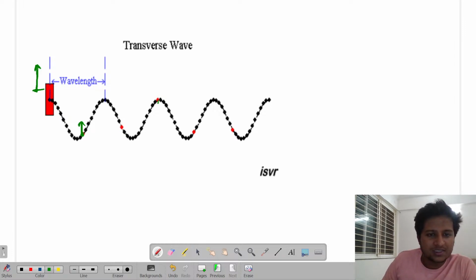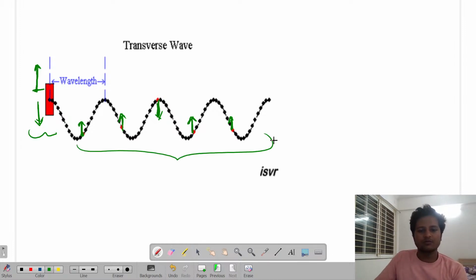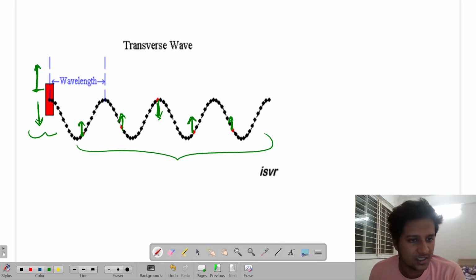The upward particles have which velocity? Downwards, isn't it? See that? Is that clear or not? And if the source is going downwards, the velocity should be in the upward direction. Are you able to get me or not? So whatever the source is performing, the particles are performing just the opposite of that, isn't it? Then only the system will be created.